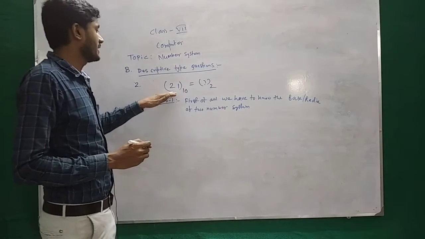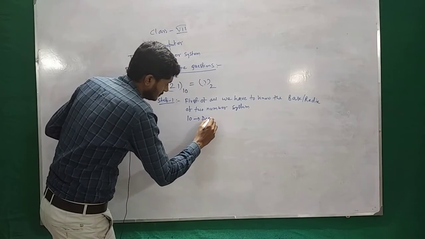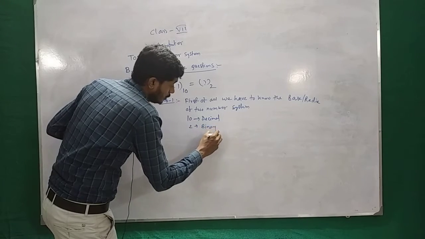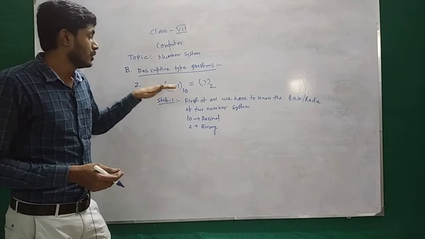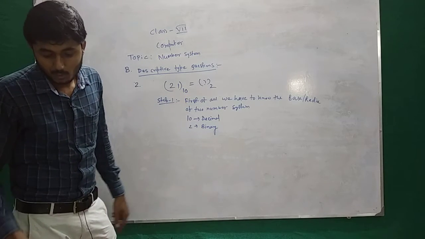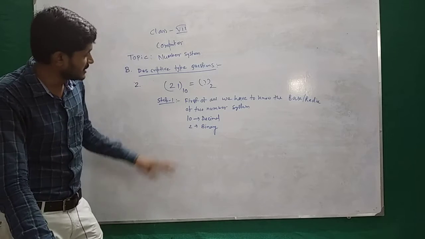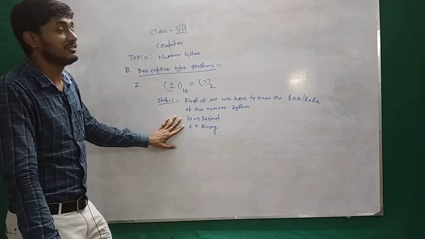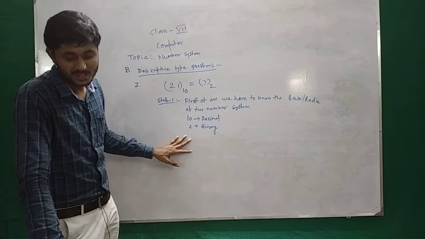So here two number systems are there, that means 10 and 2. 10 means decimal and 2 means binary. So now come to the point. The first step is, first of all we have to know the base or radix of the two number systems that are given actually. The numbers are 10 means decimal and 2 means binary.